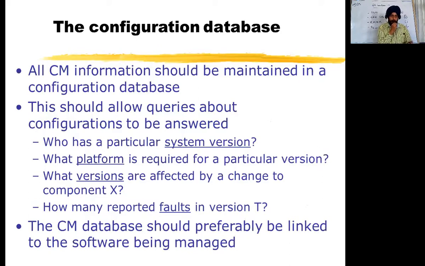Whatever change you want to make, which versions are affected, meaning which different modules are affected by the change to a particular component. Whatever effect one change has on other modules, you have to make a database and put everything in a record.